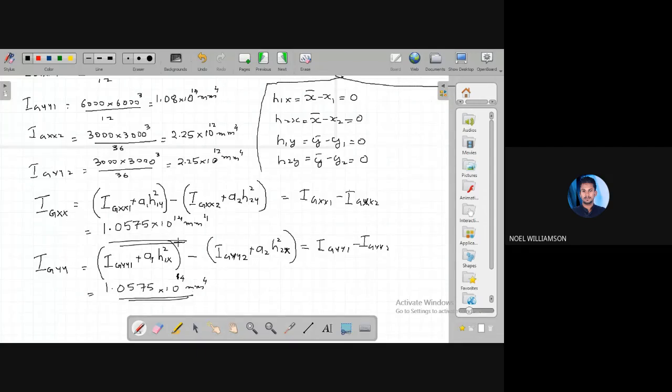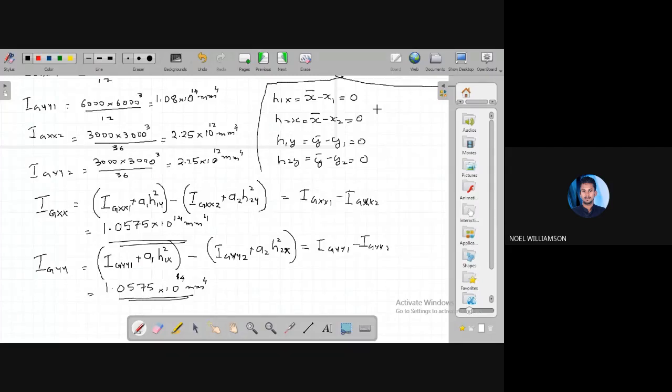So these are the steps. So this is how you can solve a problem where it is asked to find the moment of inertia of a particular section about the centroidal axis. Okay.